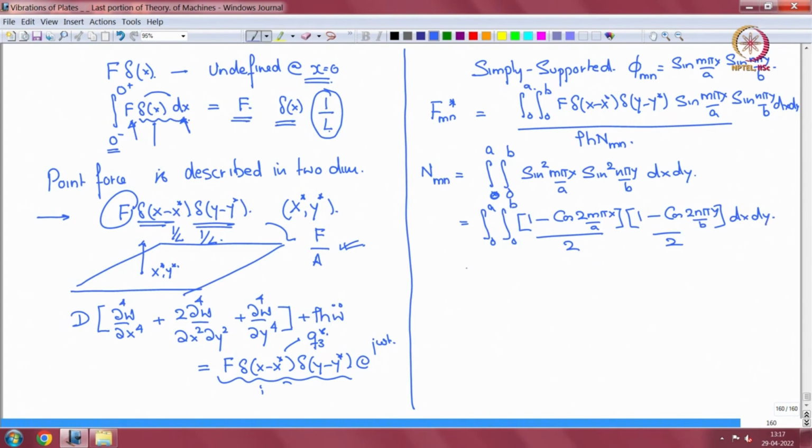Now they are separate. This is an x integral, that is a y integral, and the cosine terms go to 0. If you do not believe me, you can try it out. So only 1/4 remains: integral 0 to a integral 0 to b dx dy by 4, which is ab by 4. So that is nmn, as long as we are in a simply supported plate situation.